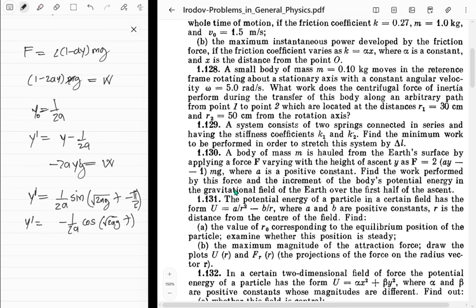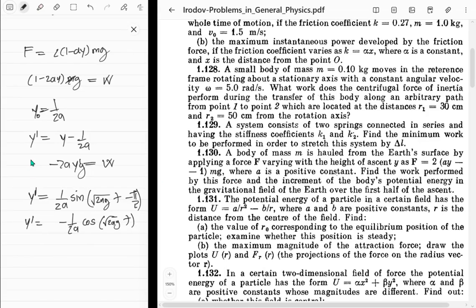Find the work performed by this force and the increment of the body's potential energy in the gravitational field of Earth over the first half of the ascent. So it's going up. It will reach the other extreme at some point, and it will start going down. Till that point, it's ascent, so we want half of that. Oh, well, that's just when it reaches the equilibrium point.